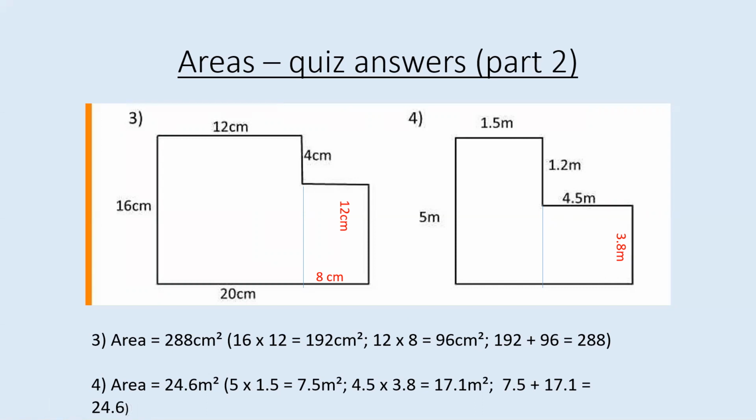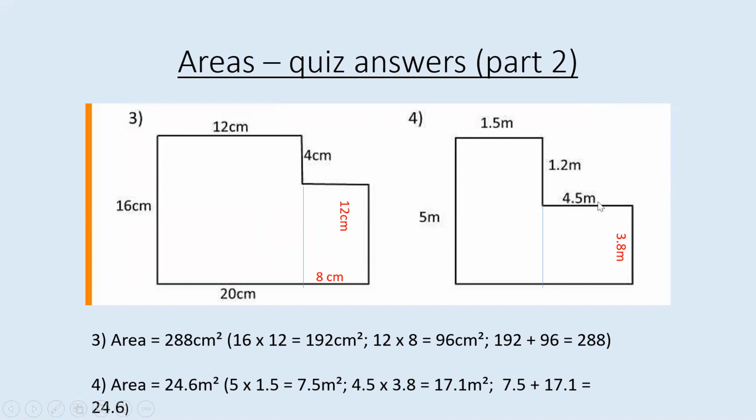And the final shape that we came to, that came to a grand area of 24.6 meters squared. That was done, again, by splitting the shape into two regular shapes. We did 5 times 1.5 for the first one, which gave us an area of 7.5 meters squared.